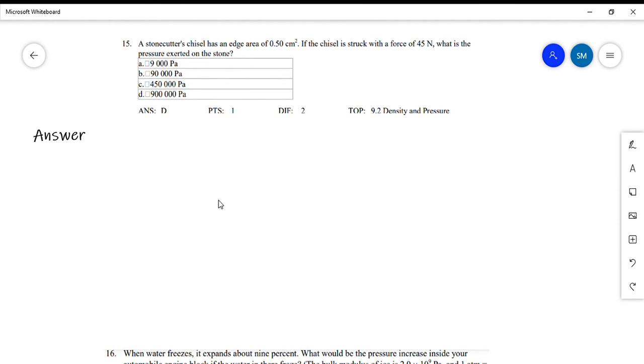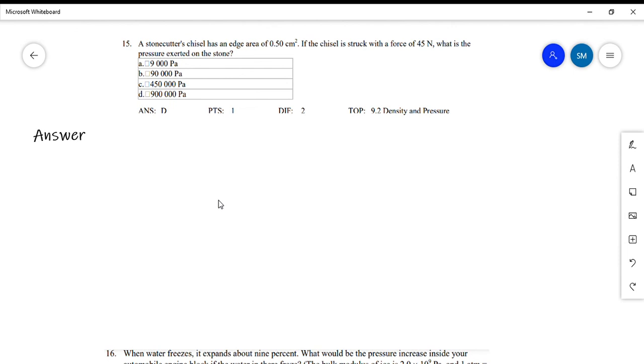Why? If you want to convert from centimeter to meter, you divide by 100. If you want to convert from centimeter cube to meter cube, you divide the volume by 100 times 100 times 100.